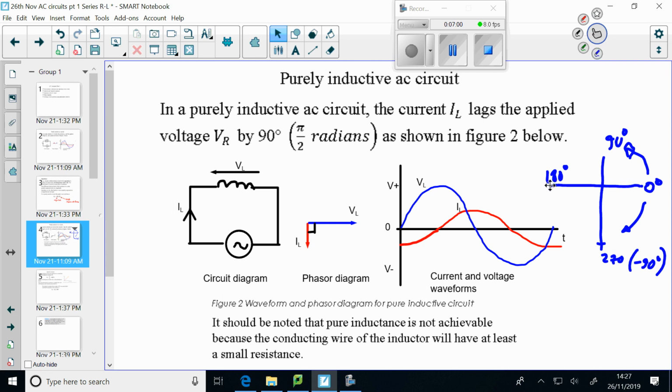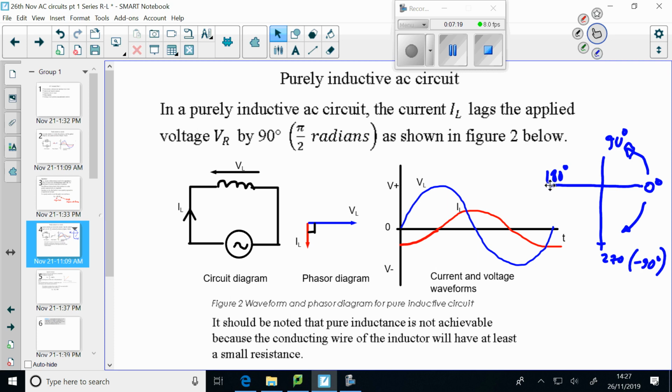So as VL at 0, our current lags behind in time, because time has gone round anti-clockwise, so it's downwards. So we have a minus 90 degree angle associated with the current in a purely inductive circuit.